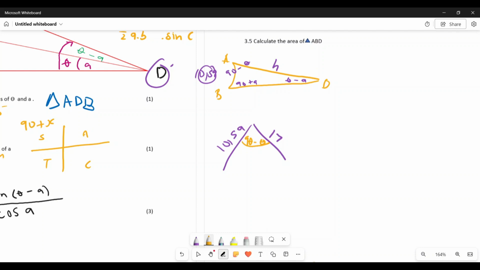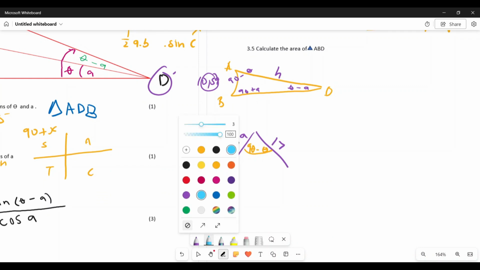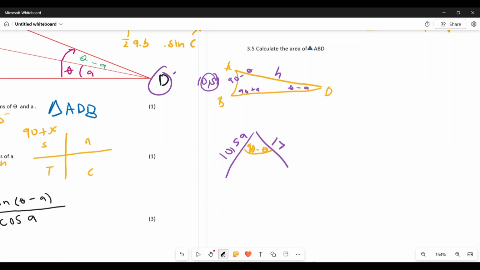So now I can use the area rule here, right? I'll say 1 over 2. Remember, let me indicate my alphabets here. This here is A, this here is B, and this line goes up until D. So I would say 1 over 2 multiplied by my line AB, multiplied by AD, multiplied by the sine of the angle they both make, which is sine angle A. Substituting my values, 1 over 2, my AB, as I've said before, I've calculated as 10,59.